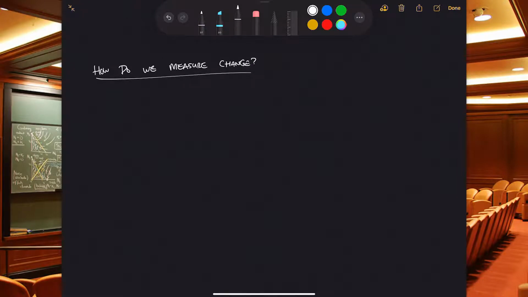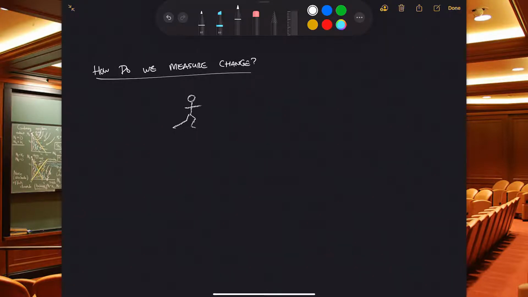So how do we measure change? Well, what do we mean by change? We mean how a value went from one to another. So if we think about a runner, and we're thinking about his change in position, that's a great drawing of a runner, by the way.